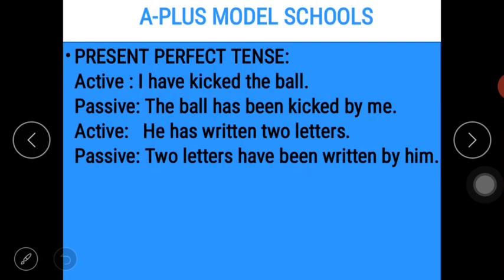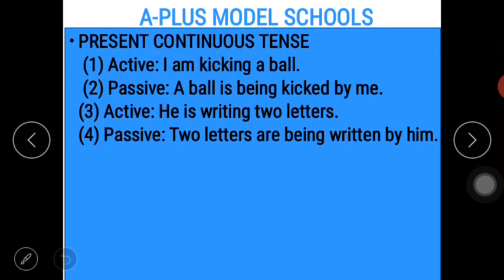The ball has been kicked is a perfect tense. It is what was expected, and it has been kicked by me. Take note of this being. You get it now? It's different from the being you have here. You understand that now? So they are two different things.